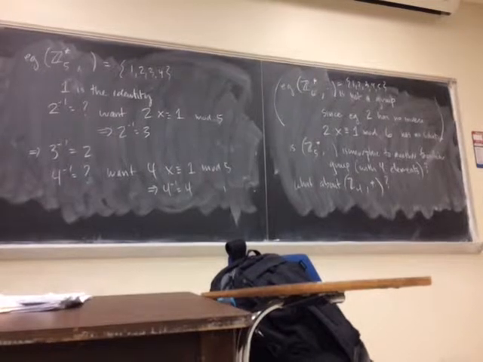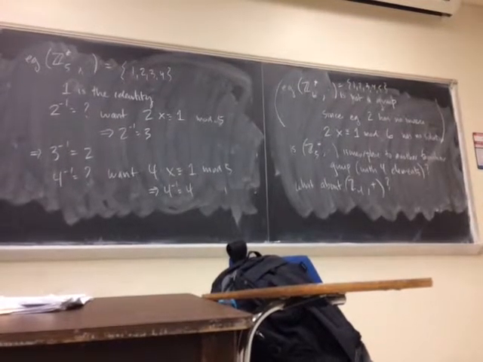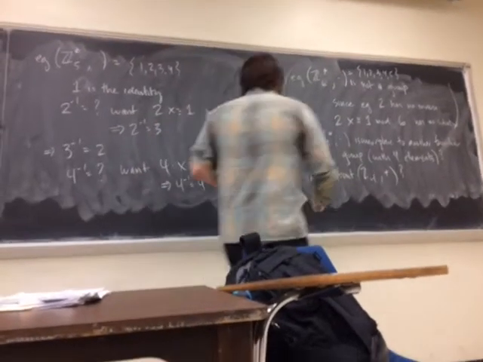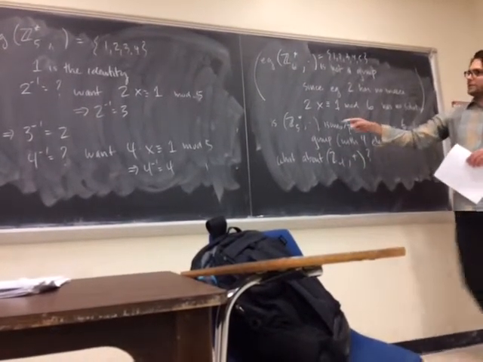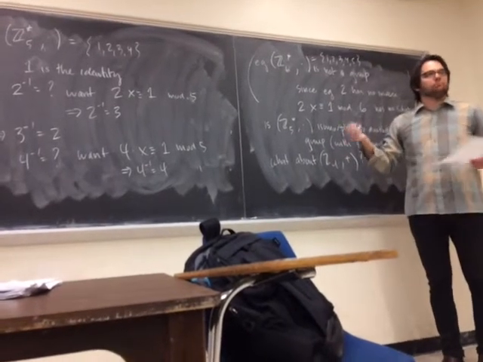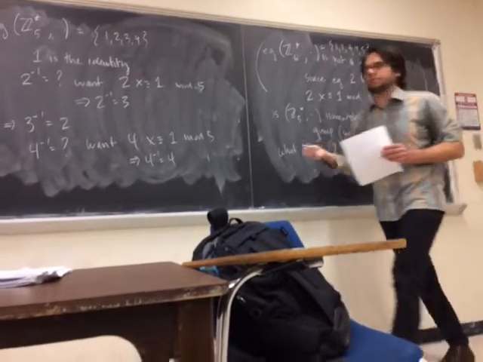Let's do it the get-your-hands-dirty way first, and then I'll show you a slicker way that might be relevant for your homework. If I claim that something's isomorphic to another thing, I have to find a bijection that satisfies the property, right?